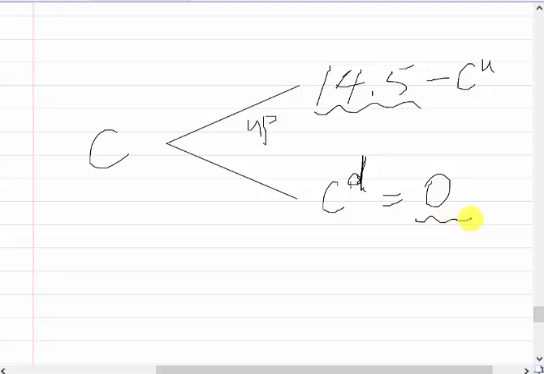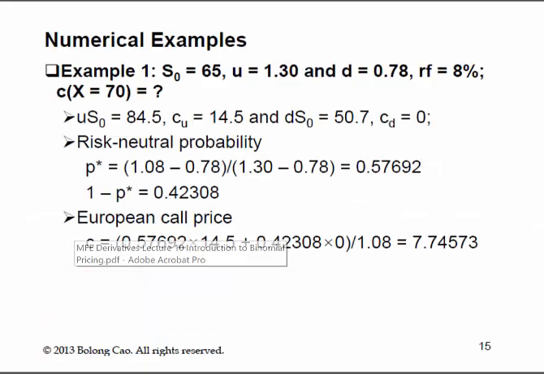And then to get the call premium using the binomial formula, what we do is simply apply the risk-neutral probability to this upstate payoff and downstate payoff, and then take the discount at the risk-free rate. So what is the upstate probability?